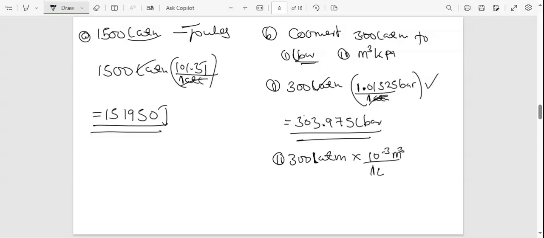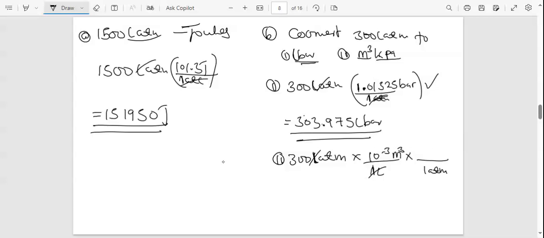So I'm making this meter cubed. That's my first point, so I'll be able to cancel the liter and also the liter. The second thing I'll do is come to ATM, so that I take it into kilopascal. We knew that one ATM is equal to how many kilopascal?